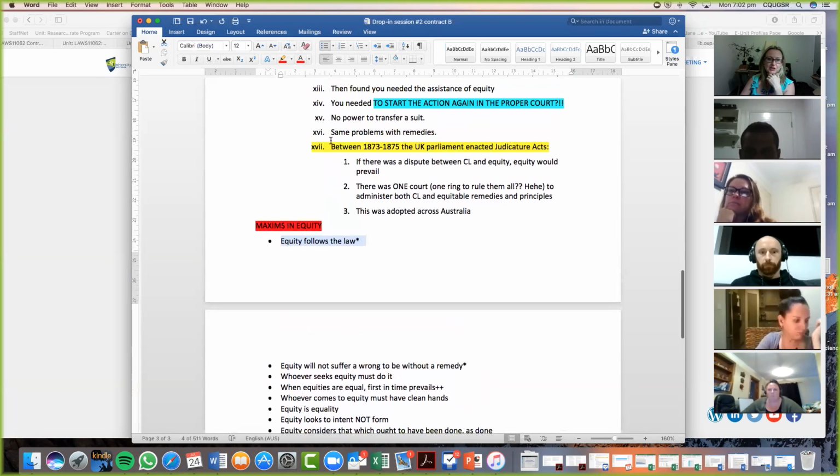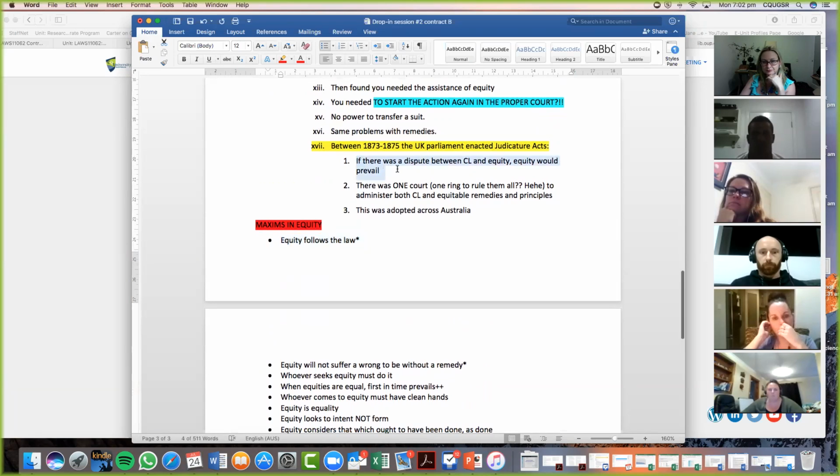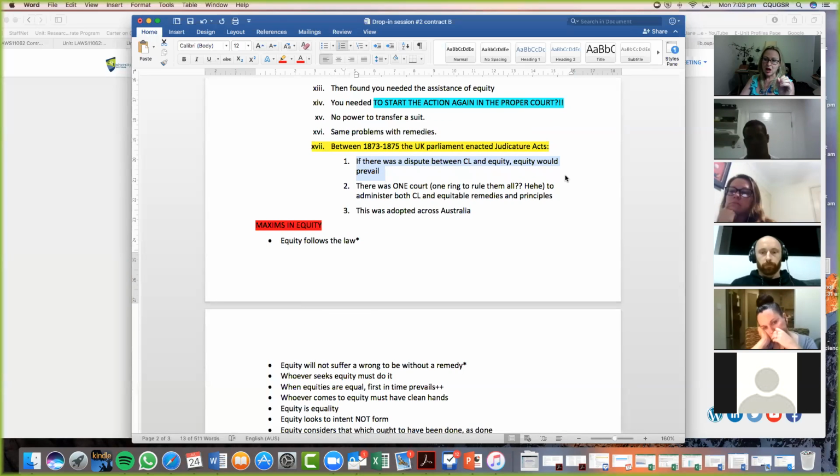Okay, just backing it up here. The Judicature Acts said if there was a dispute between common law and equity, equity has to prevail, because if it's going to mitigate the harshness of a common law result, then it has to be able to ride over the top of that common law result.